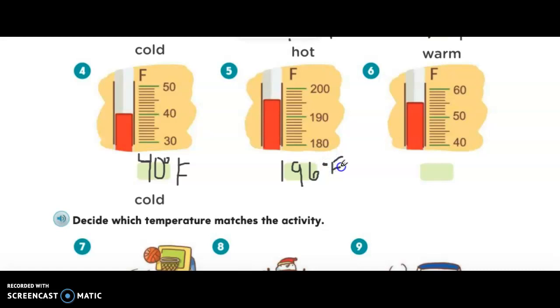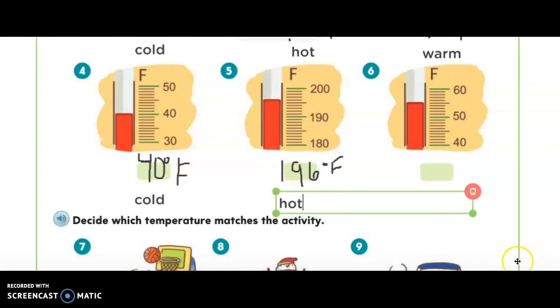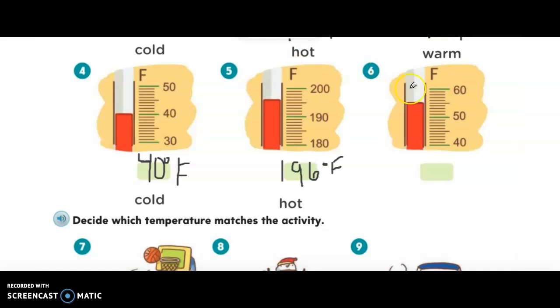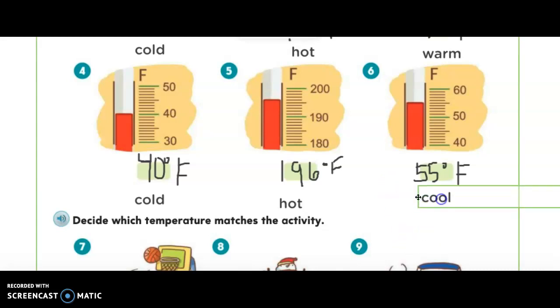Now if it's 196 degrees Fahrenheit, that is hot. And for the last one in this section, it's right in the middle, so that means it is on 55 degrees Fahrenheit. And 55 degrees Fahrenheit is a cool temperature.